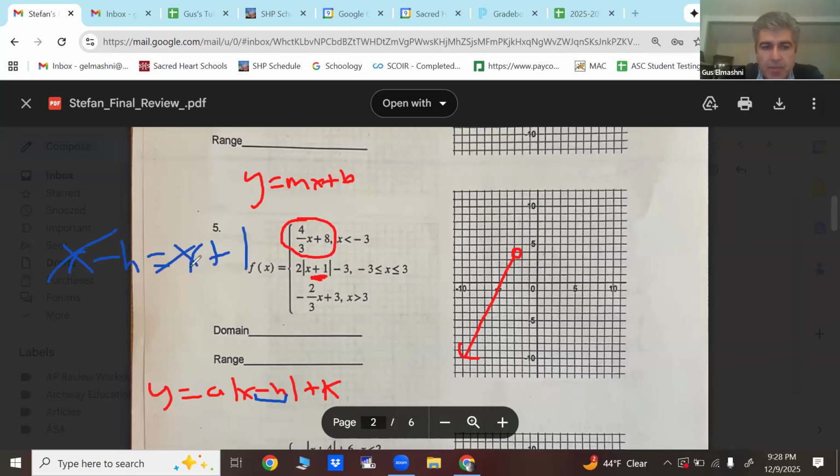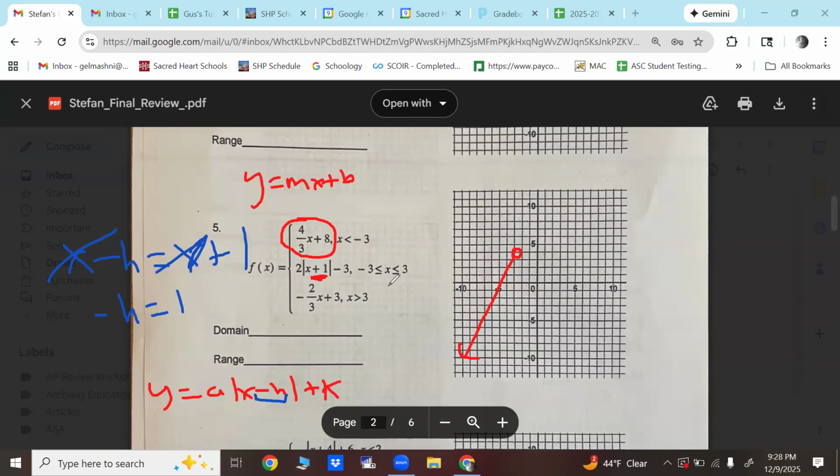Negative h equals 1. So what does h equal? If it's positive, it would be -1 on the left side. So it's negative one. It's -1. Right. So set the inside equal to x minus h, and you solve for h. So clearly it's -1. And then -3 is on the outside, so that's k. So that's your vertex, -1, -3.